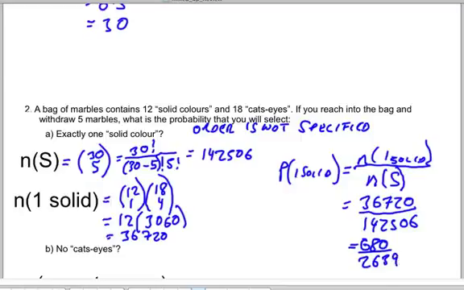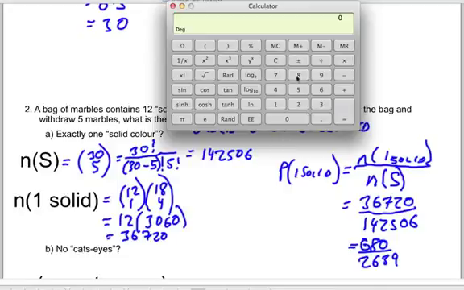And if you want that as a percentage, it's about 25.8%.